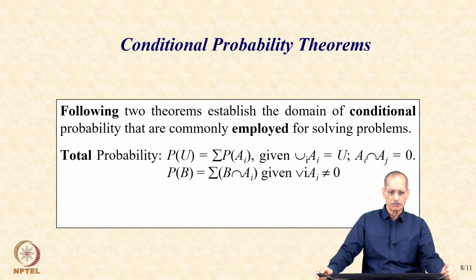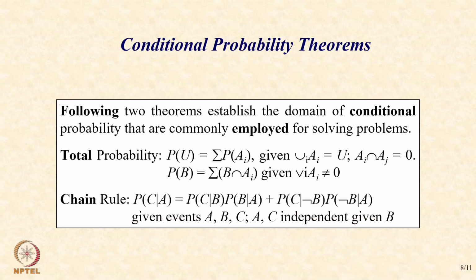One theorem is of total probability, what we call the probability of universe, as the sum of all the probabilities of an event A, all the elements which are part of that set, given that the union of all these A_i constitute your universe U. We also say that these events are disjoint, which means A_i intersection A_j is 0, and we say probability of B is the sum of the probability of B intersection A_i, B being another event, given that A_i is not 0, which means it is not a null set.